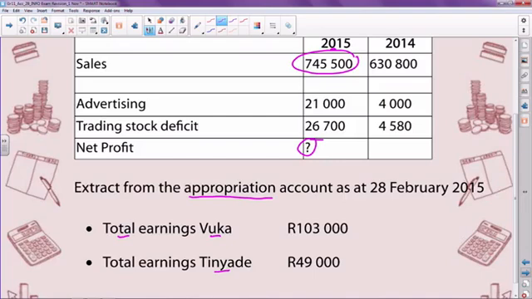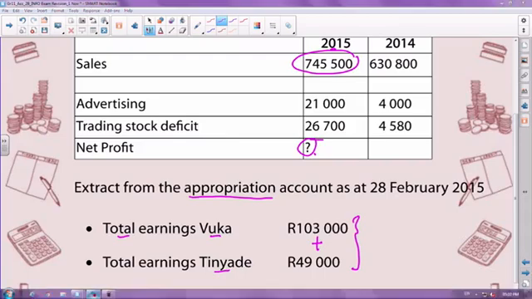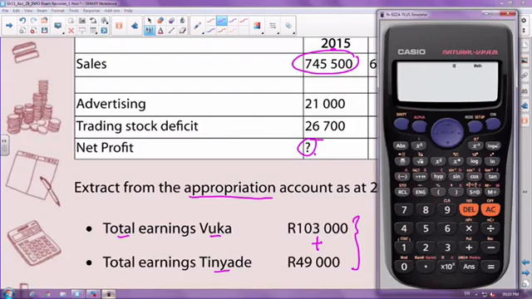Immediately, if I add these two amounts up, that's going to give me my net profit. Okay, you guys with me? In other words, they want you now to work backwards: get your net profit by adding the total earnings of both partners. A bit sneaky, but remember in the exam, this is something that could be asked.